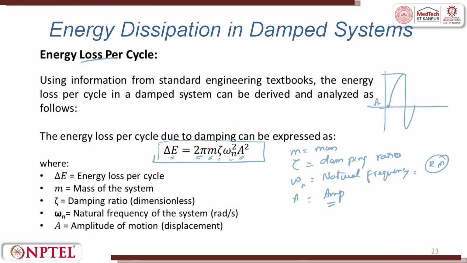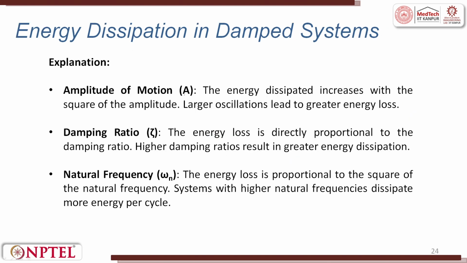If you look at it, certain properties are material properties, certain properties are design properties. We always try to play with the material property to get the energy loss per cycle high. The amplitude of motion is A. The energy dissipated increases with the square of the amplitude.